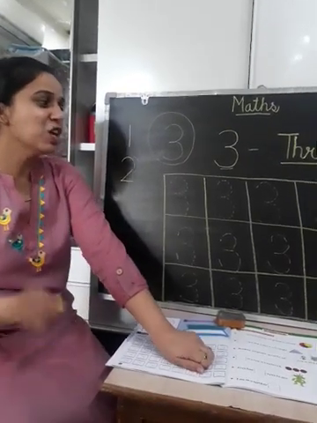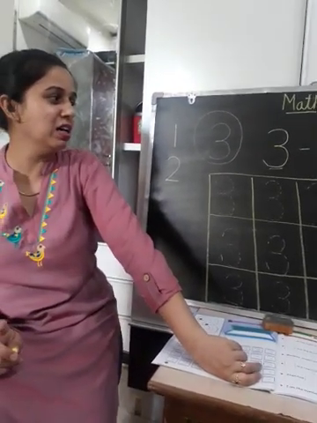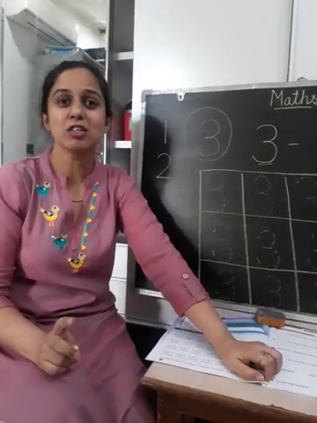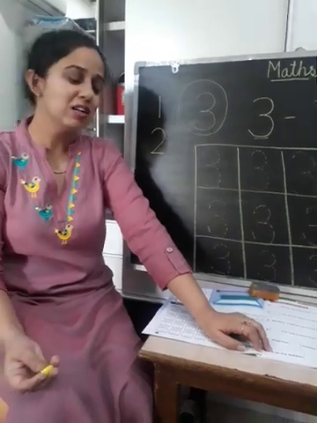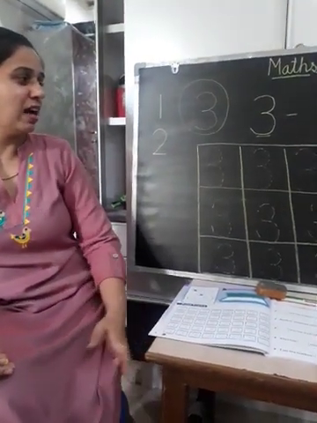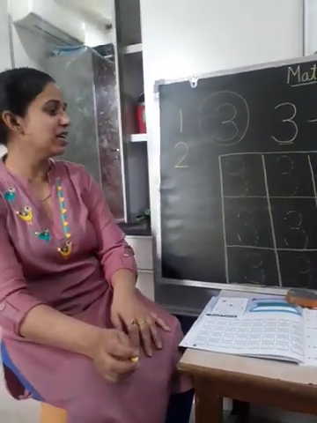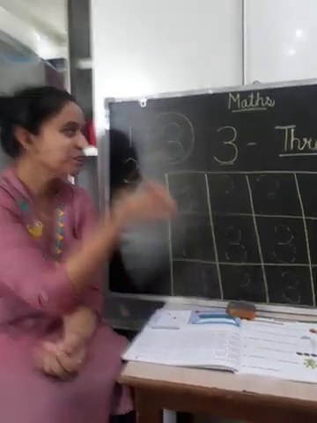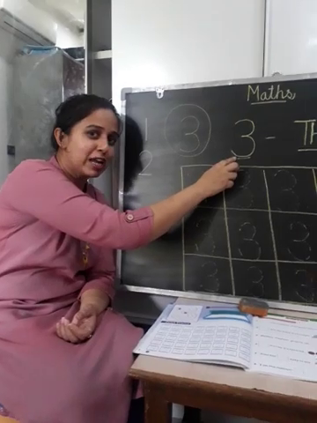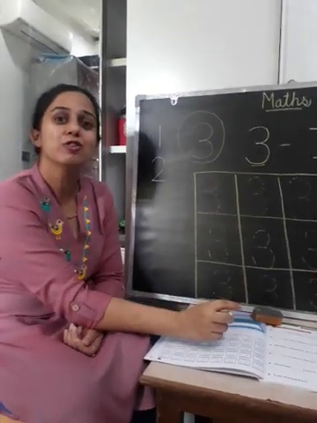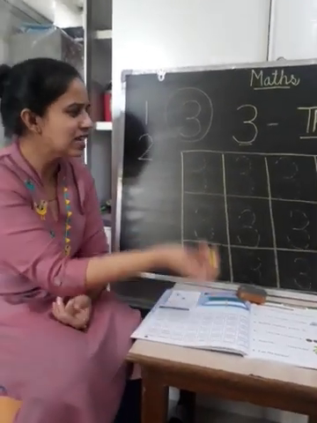Okay, as we did number 1 and 2, today we are going to do number 3 in a very simple way, as you did in your previous classes. With this pattern we are going to make number 3. It is very easy.